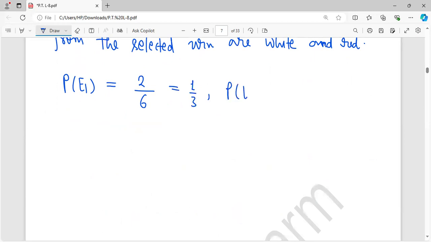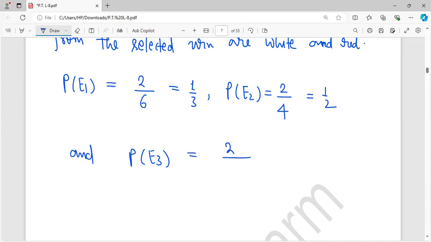What is P(E2)? 2 balls upon 4. So this is 1 by 2. Okay. And P(E3), what is this? 2 upon the total number of balls.